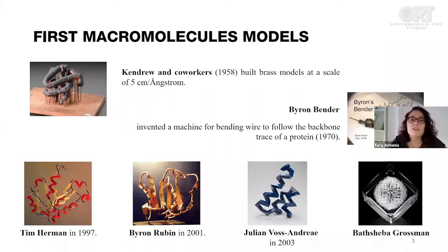So we needed to wait until 1970, when Byron Bender invented a machine that could bend wire following the backbone of the protein. At this time, there were already computer programs for modeling proteins, but you needed a lot of money to have one at your university, and it was really expensive to create a model.